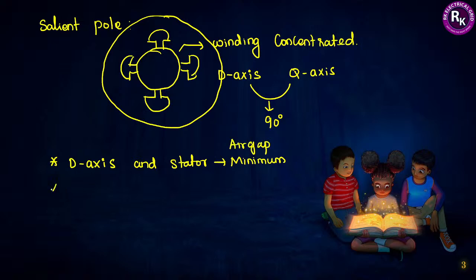If you are observing the quadrature axis, then between the quadrature axis and stator you will have maximum air gap. So here your air gap will become maximum.